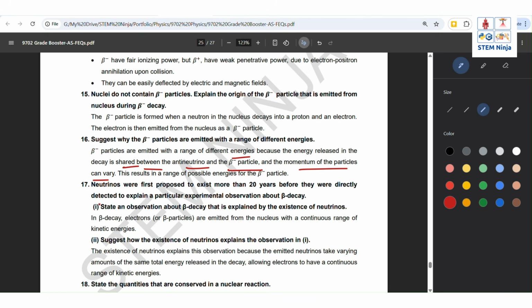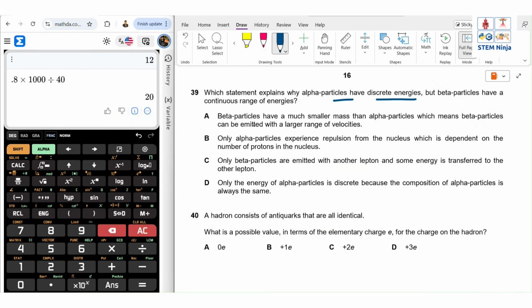So basically, this is the reason over here. The energies are shared between them. For alpha particles, that's not the case. Beta particles have a much smaller mass, so beta particles can be emitted with a larger range of velocities. No, it says discrete, so it doesn't even do that. Only alpha particles experience repulsion from the nucleus, which depends on the number of protons in the nucleus.